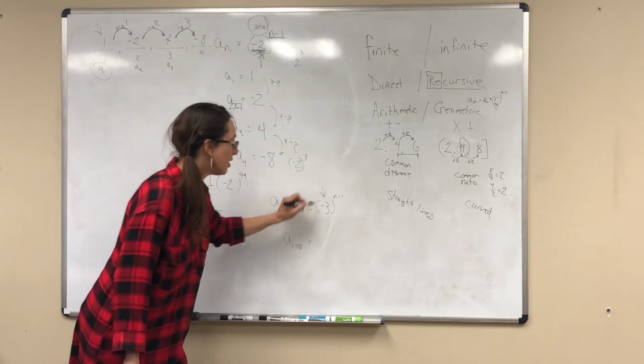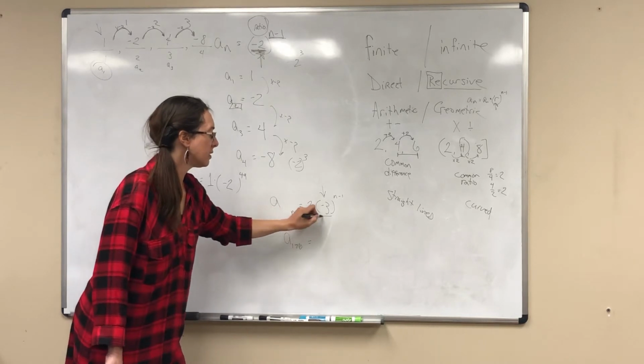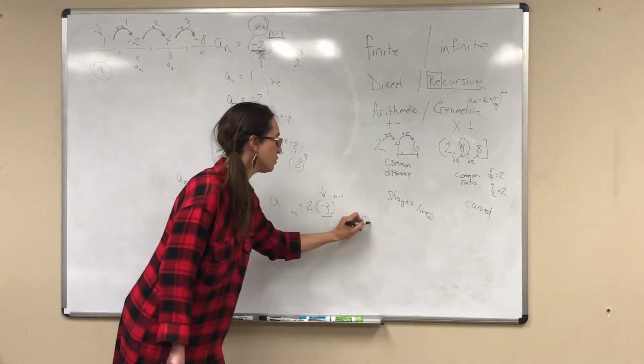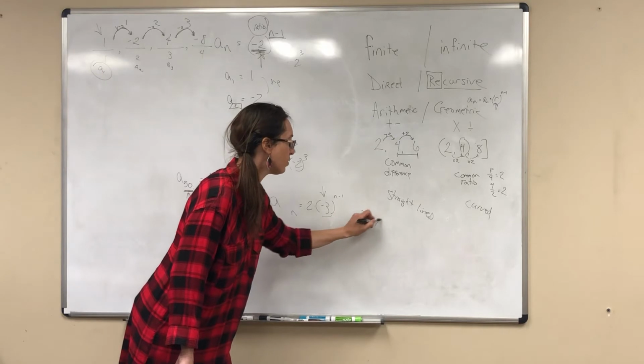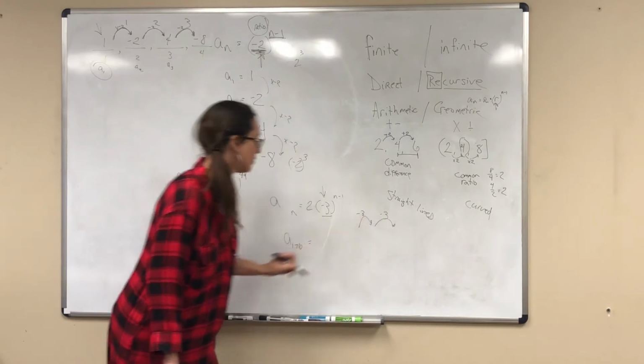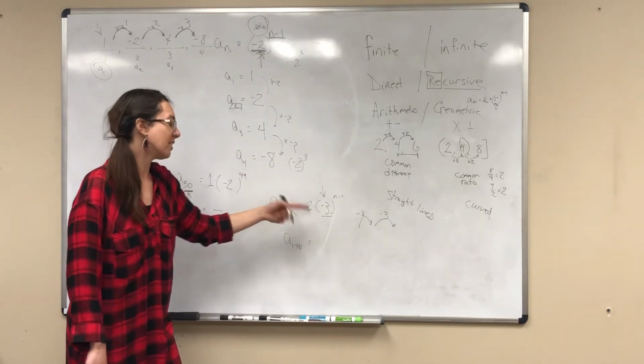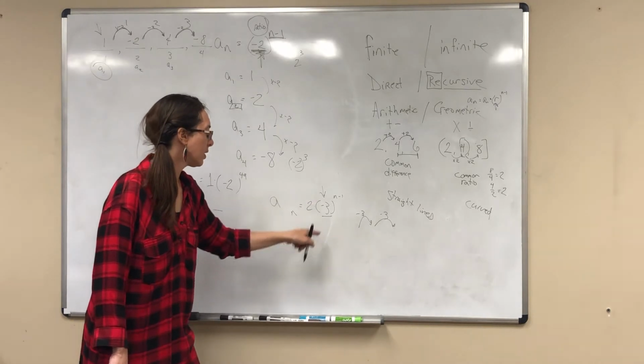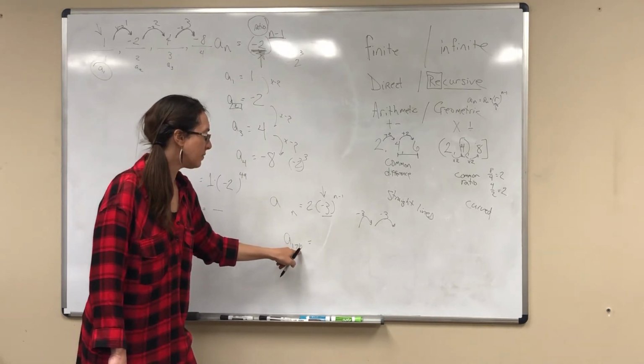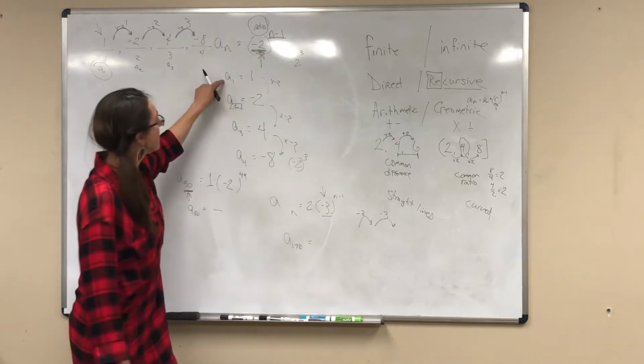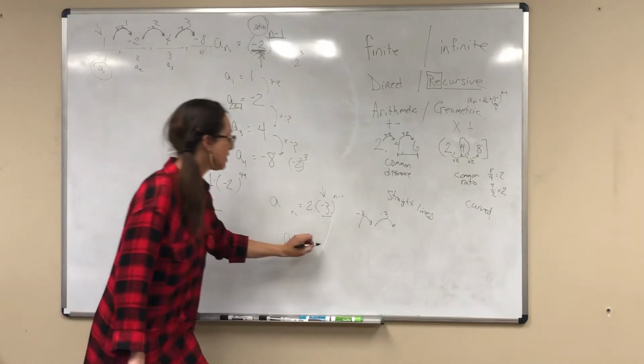My ratio is -3. That means each of my jumps is -3. I'm starting at 2, but that doesn't really matter.